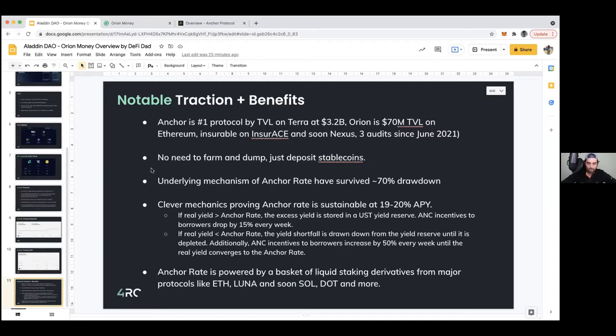Let's say you deposit your staked Luna and staked Ether, and then you borrow against that, you're earning a yield just for doing that. Then you can take that UST and deposit it, which is what we're focused on here, and that's where you're earning that 19.5% on Terra, but through Orion Money, it's 16.5%.